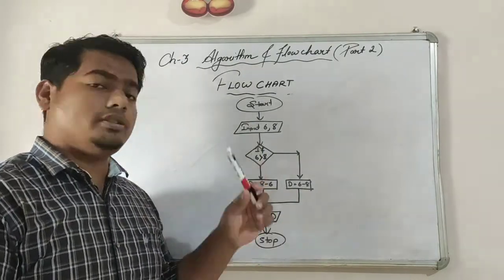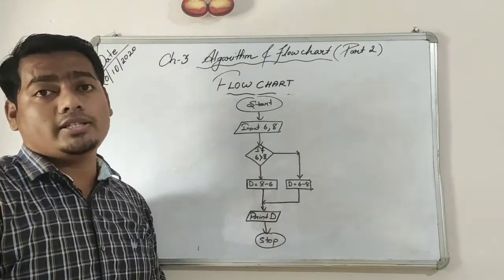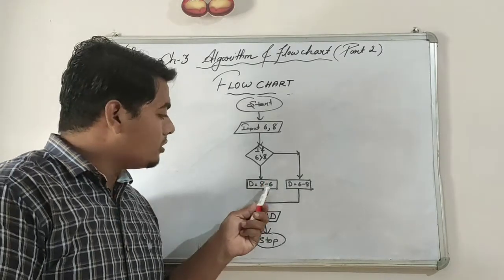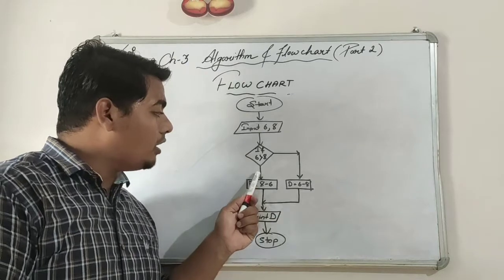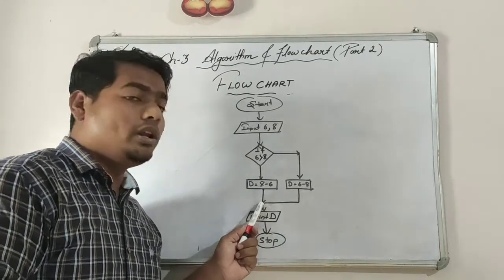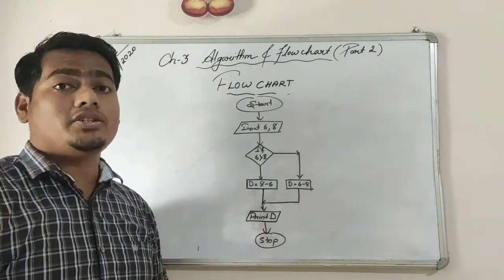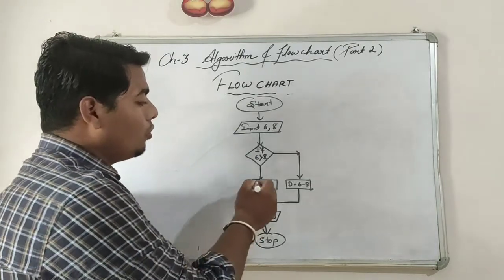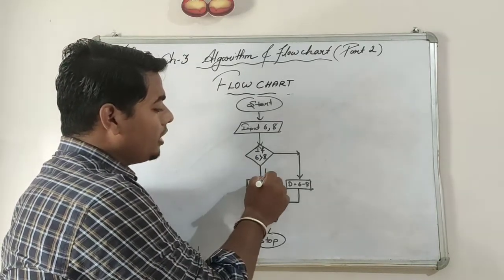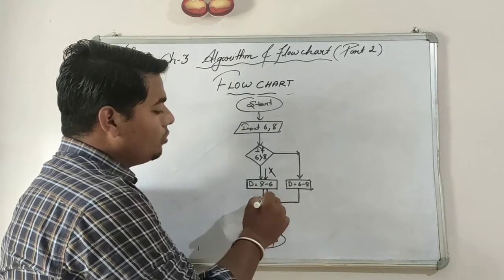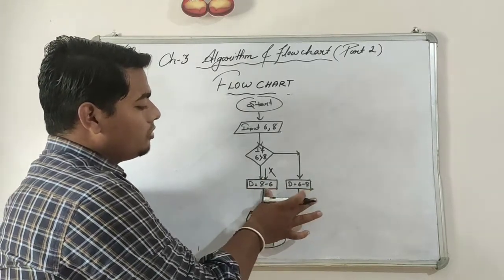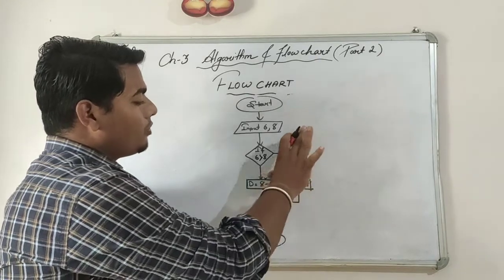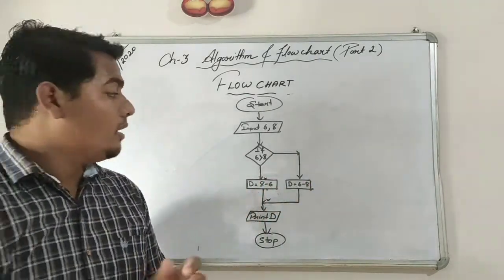Fourth, in a process box, there should always be one input and one output. No extra line. There should be no two inputs and no two outputs. This is wrong. You can't use two lines in a processing box.